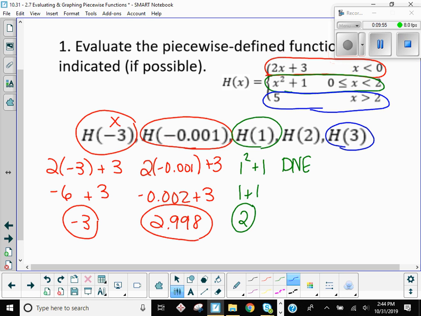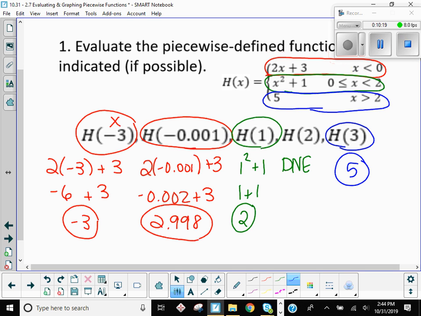No. So when it's just a constant number, remember that's a horizontal line where y is equal to 5 everywhere on that line. So when x is 3, what is y? 5. Okay, so that's when it's a constant, your output will be 5 no matter what your x value is, as long as it fits in that domain restriction.